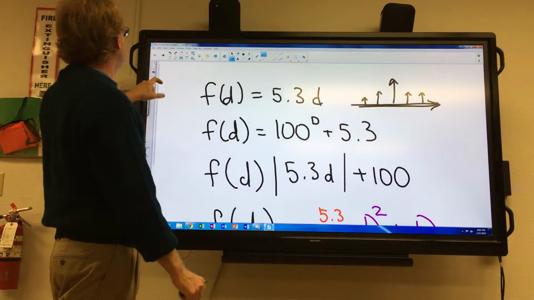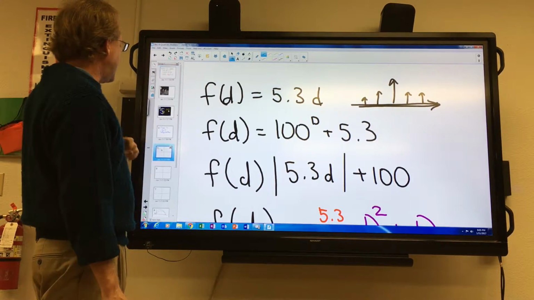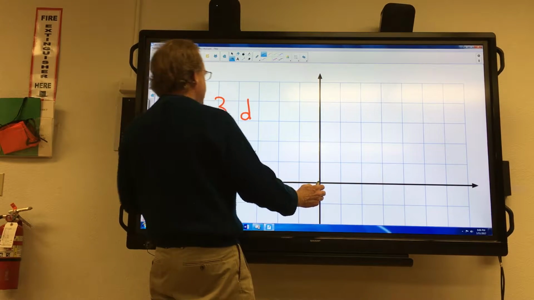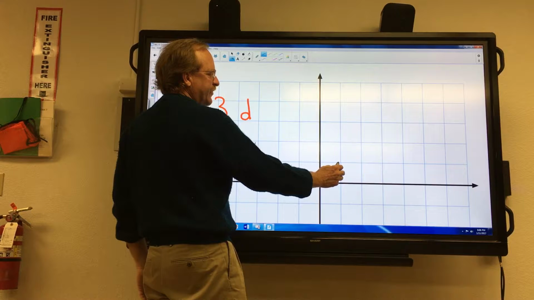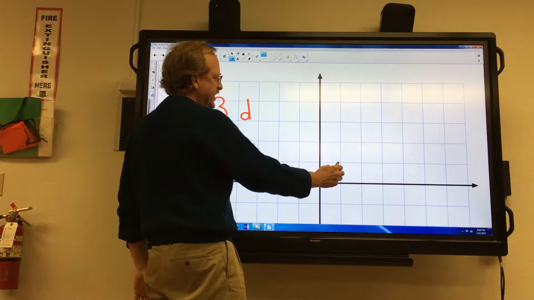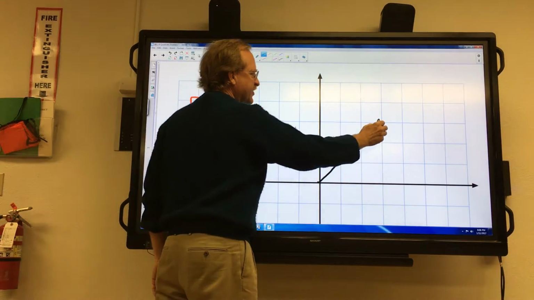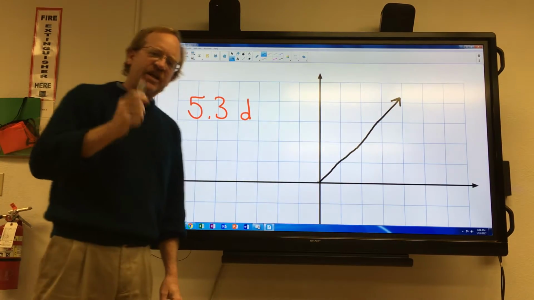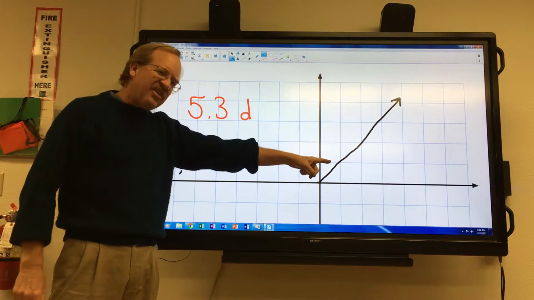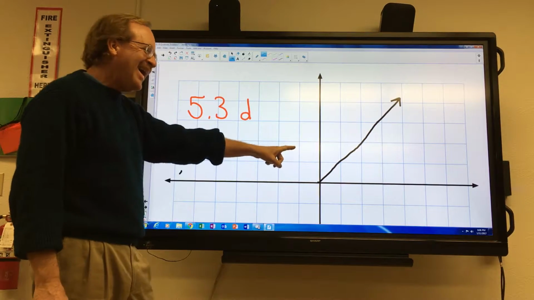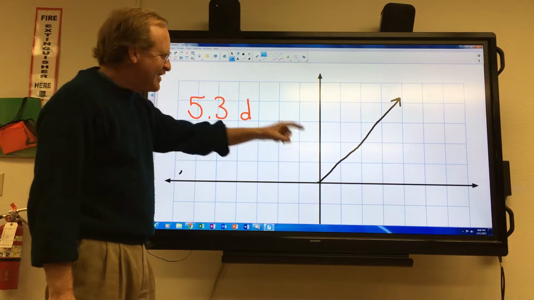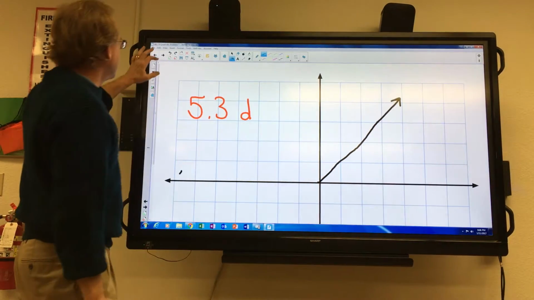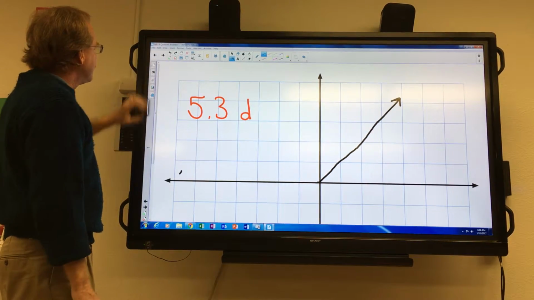At 10 feet, we multiply it times 10. It's going to be there. And at 20, it's going to be there, and at 30, and at 40. If that's looking familiar, it should. That's a linear function. There is no way that's going to happen. He's not going to hit the ball and it's just going to keep on going forever. Even on the moon, it's going to come down eventually.